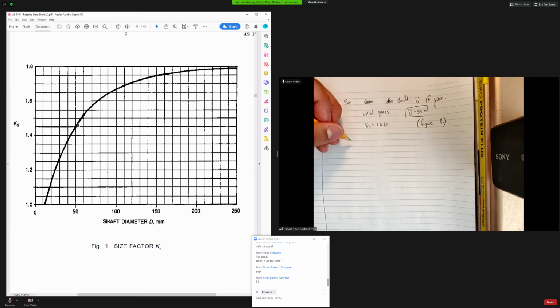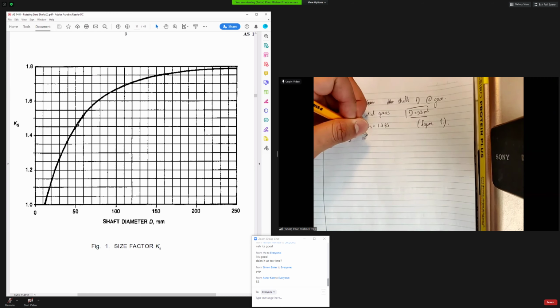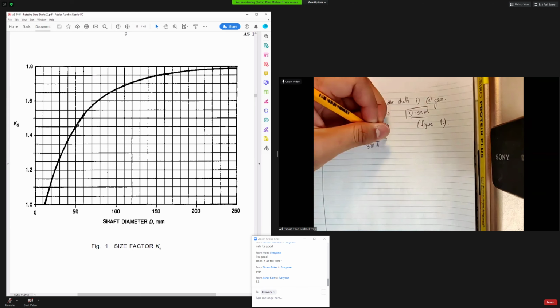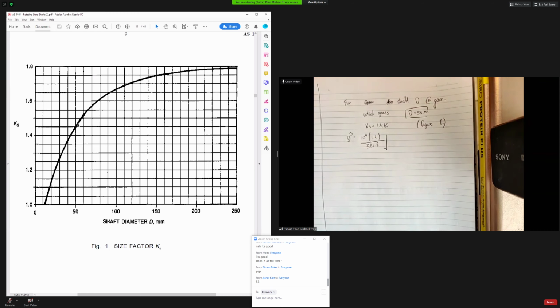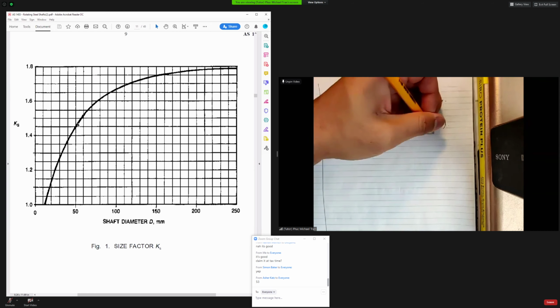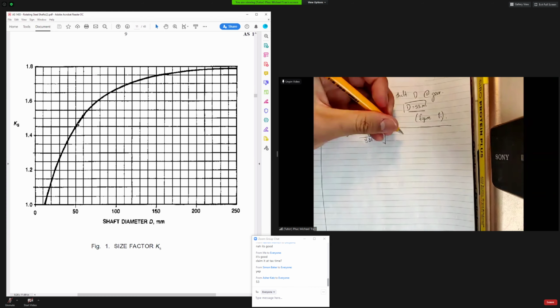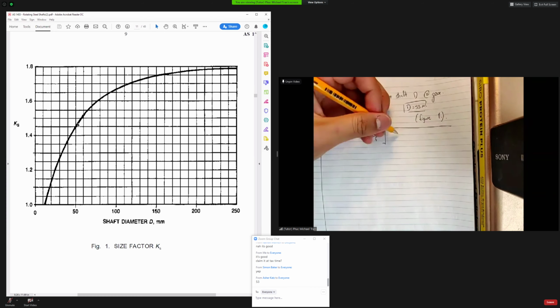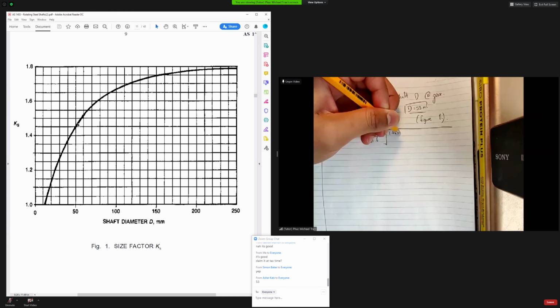Then you would have all the values to find your minimum diameter. D cubed equals 10 for 1.2, 3, 8, 1 point something, 6. And then finishing this off, we had our size factor 1.465.